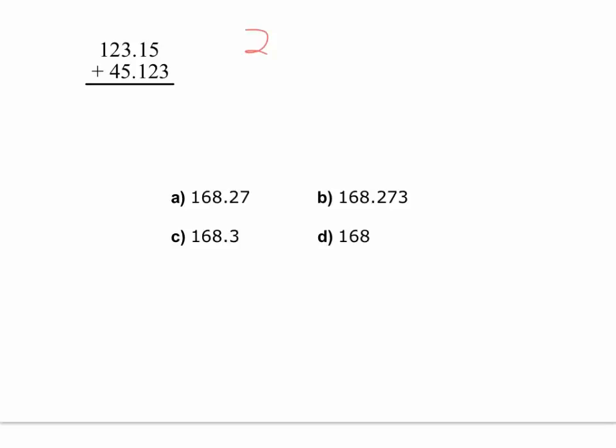And for the second number that'll be added to the 123.15, I've got 45.123, so all I've got to worry about is counting the 3 digits to the right of the decimal. In which case the 123.15 is the least precise measurement, and so that's how many digits I'm going to round to after I perform my calculation after the decimal point.